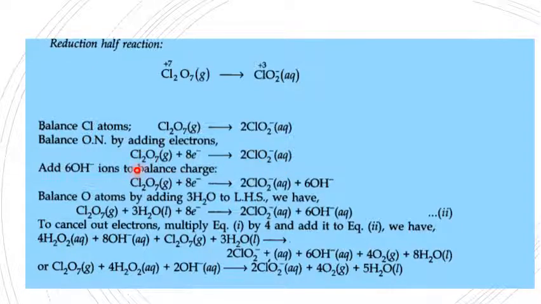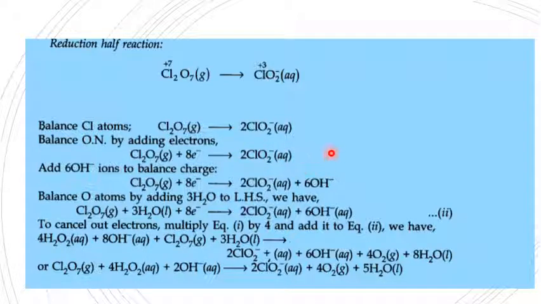Now again you will balance the charge. See here, you have 8 electrons on your reactant side, and here you have 2 minus charge on your product side.